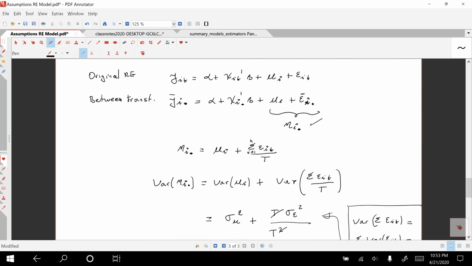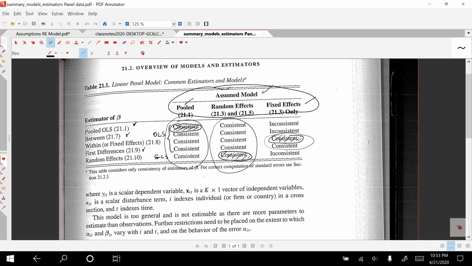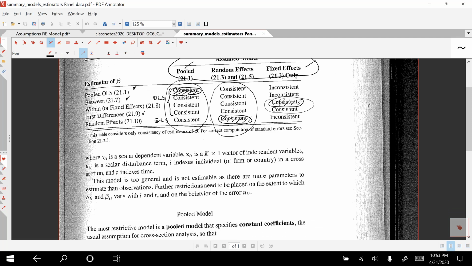I guess a couple of comments to end this section. Let's go back to the summary of models. In class we have discussed in detail estimation of the pool model: pool OLS, the between estimator, the fixed effects estimator, and the first differences estimator for the pool model.